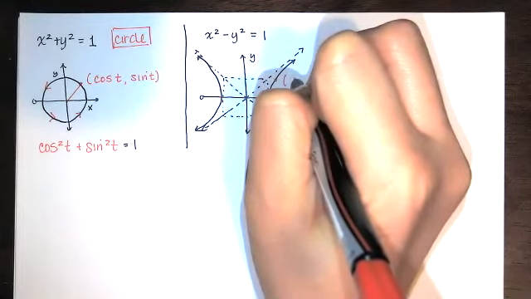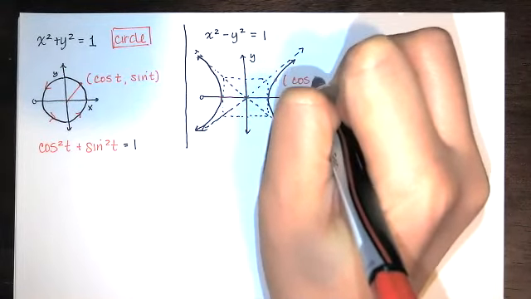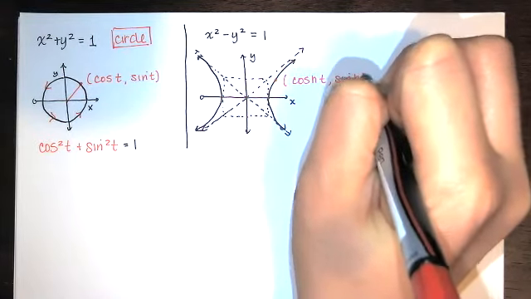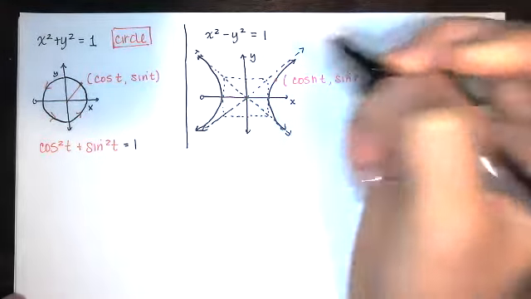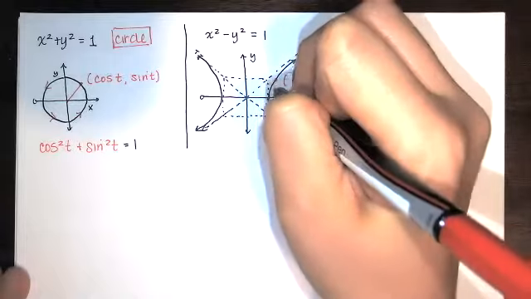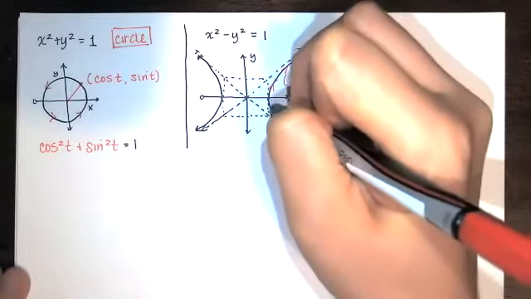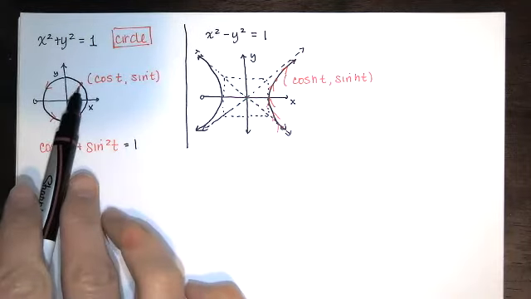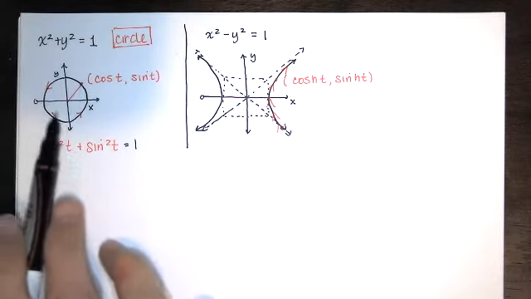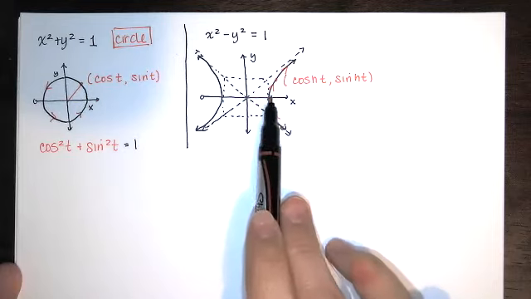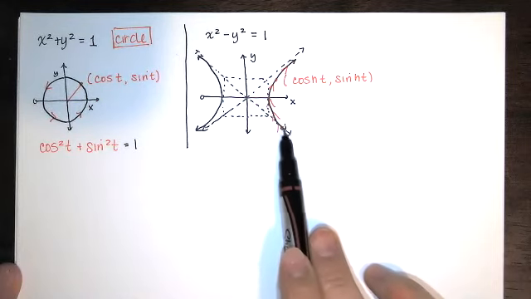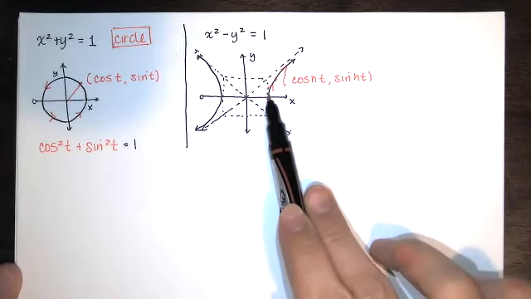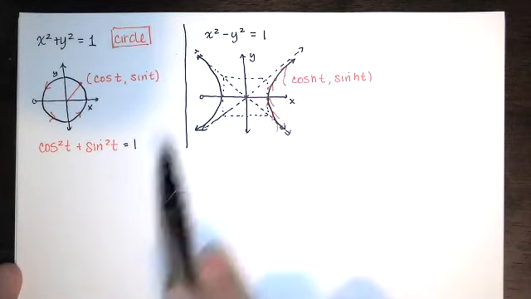If I represent this point by hyperbolic cosine of t and hyperbolic sine of t, as t increases, we're going to trace out this part of the hyperbola. As t increases over here, we just go around and around this circle. As t increases over here, we go from one part of the hyperbola, and then we just keep going up and up and up.